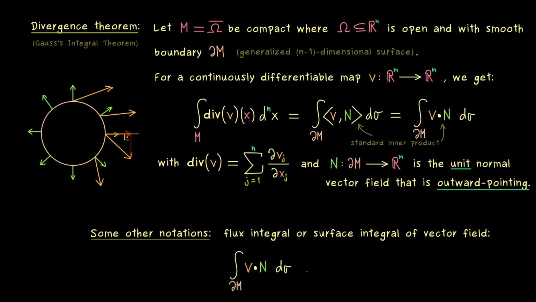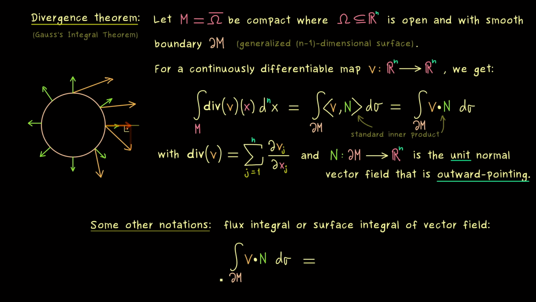However, since the normal vector always goes in, some people shorten this integral notation even more. Namely, they just put the normal vector n into the surface element sigma itself. Hence, they write v in the inner product with the vector d sigma.